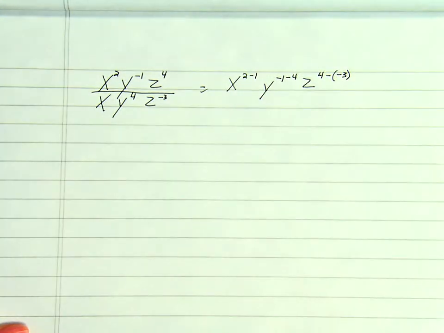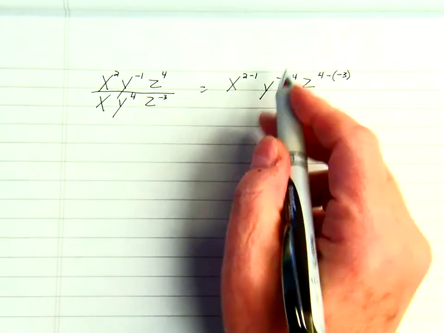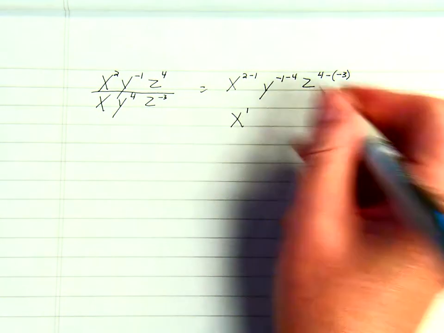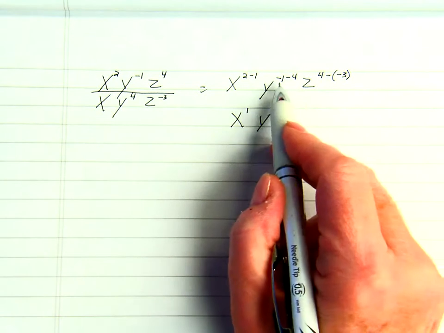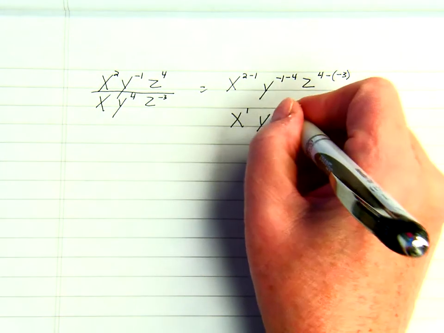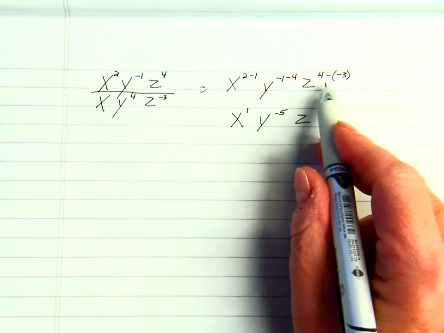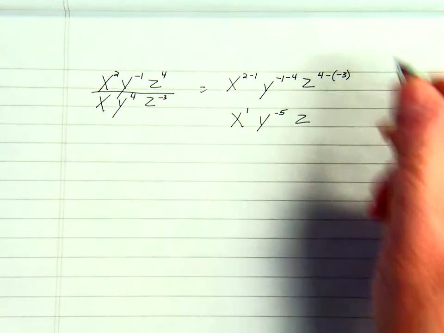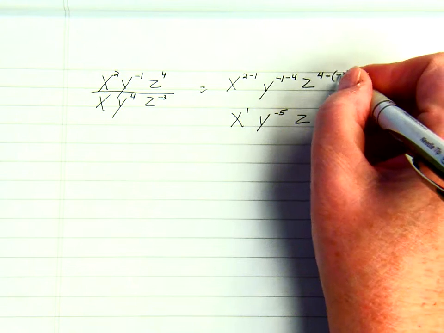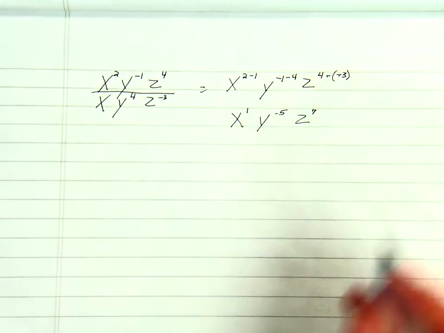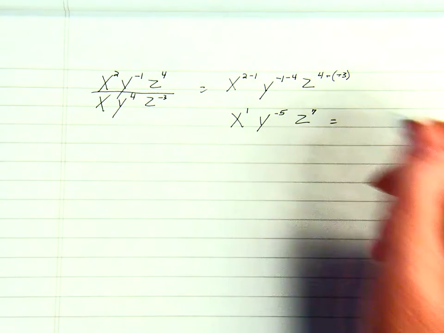Okay, so as long as we remember all of our integer rules, we will be absolutely fine. So x to the 2 minus 1, 2 minus 1 is 1, y, negative 1 minus 4, negative 5, and z, as long as we remember that we add the opposite, then we're going to know that this is 4 plus 3, so z to the 7th. And now we're going to put everybody where they belong.